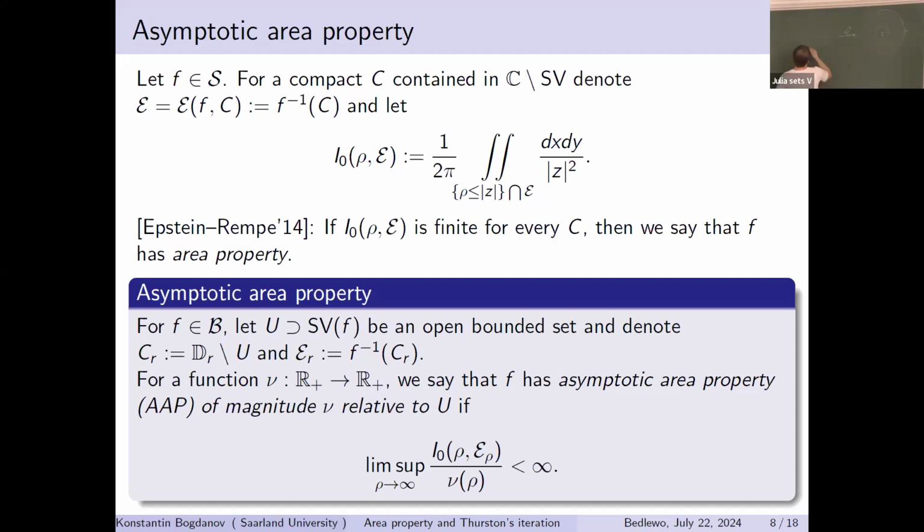Then, when we take the preimage, what happens? So our compact set would be this infinite strip.